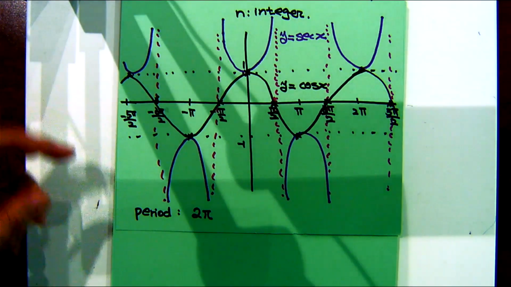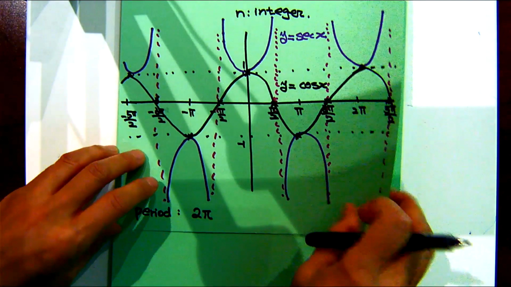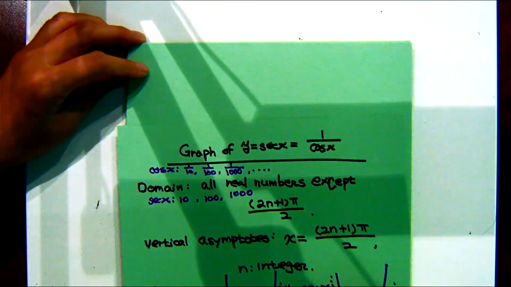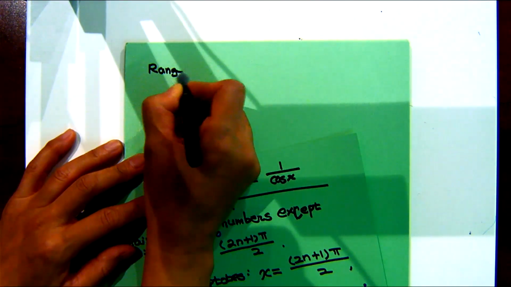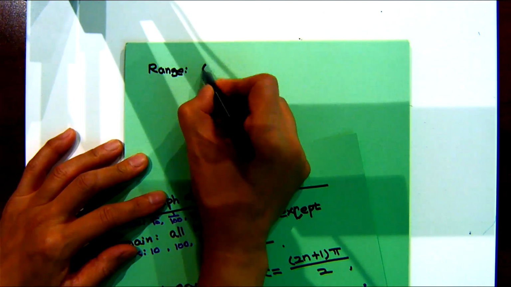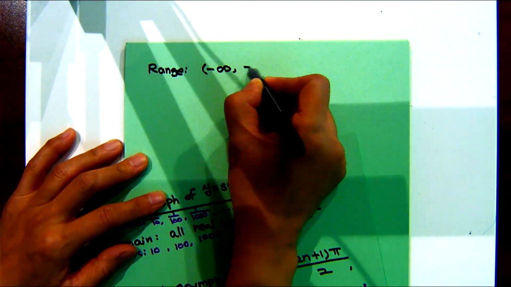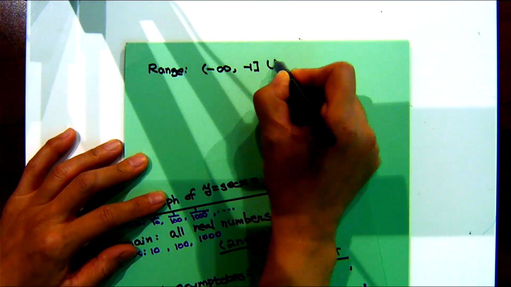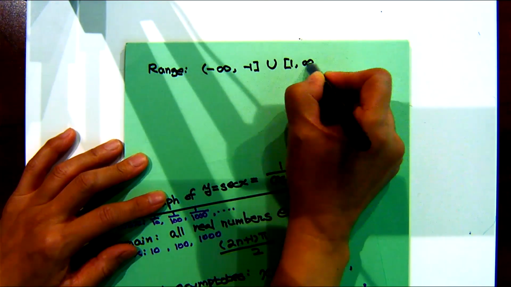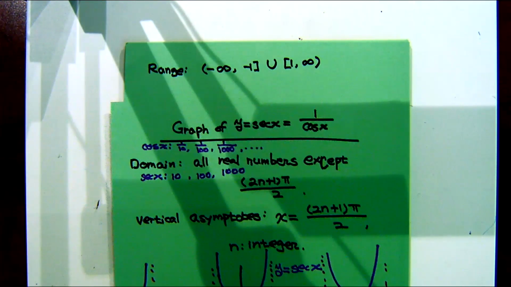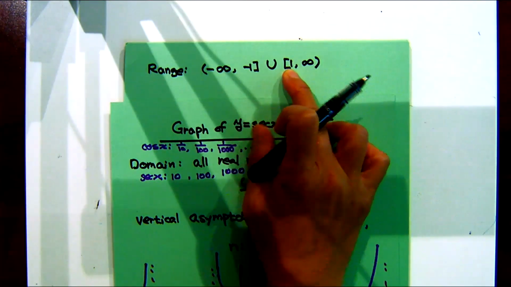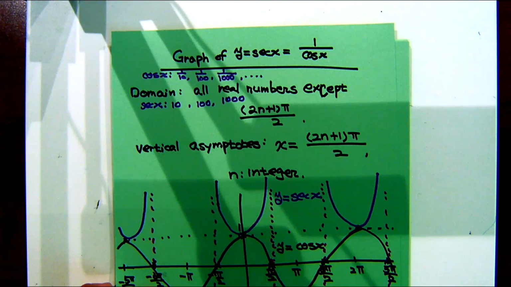The period is still 2 pi, and the range is from negative infinity to -1, union 1 to infinity. Because of this, that is greater than or equal to 1, that is included here, and that is less than or equal to -1, and that is here.